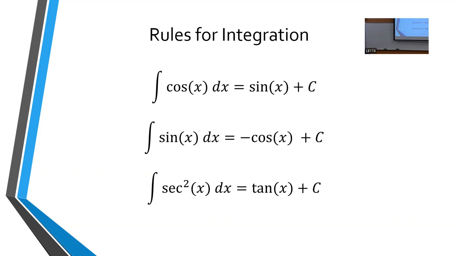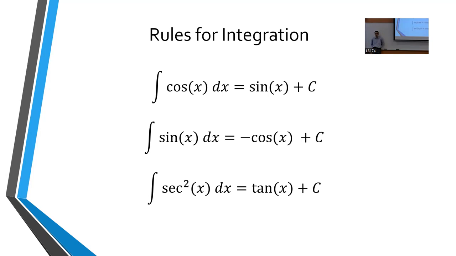The derivative of cosine is negative sine. So that means if we want to do the antiderivative of sine, I have to do negative cosine plus c. The derivative of tangent is secant squared.